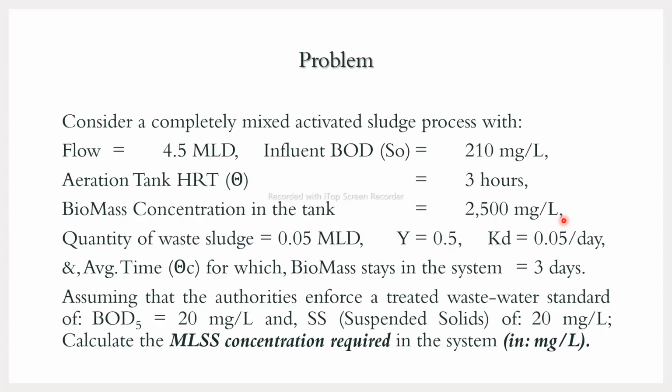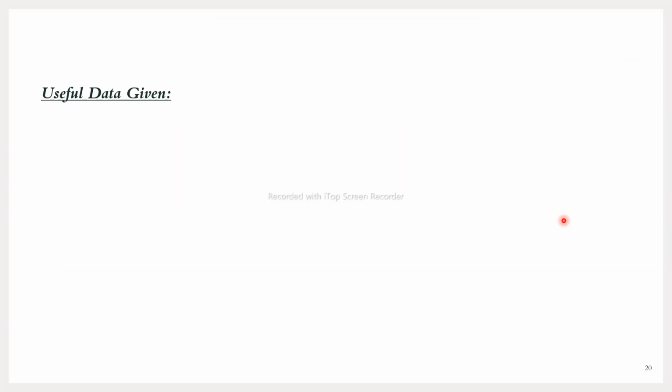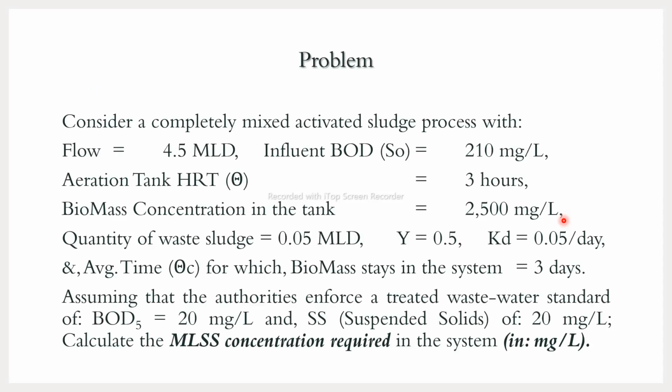Okay, so we'll be going with the solution together. Useful data given: Kd value is given as 0.05 per day. One thing I will tell: these suspended solids given here will not be required in our case. Why? Because the total amount of suspended solids don't actually grow with time.